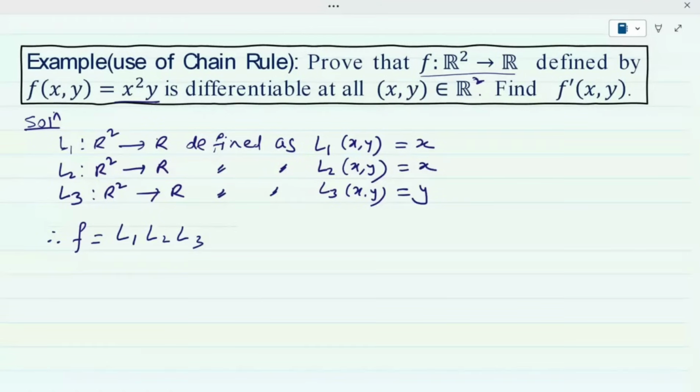So we are going to use this product rule to find the derivative of this function.